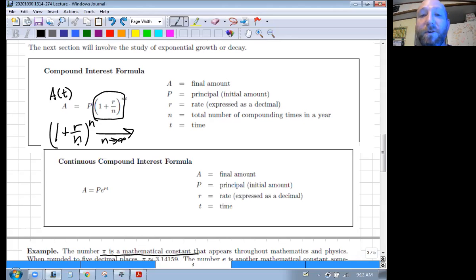You know, as you go to compounding every second, or going past that and just compounding continuously, this value approaches e to the r.